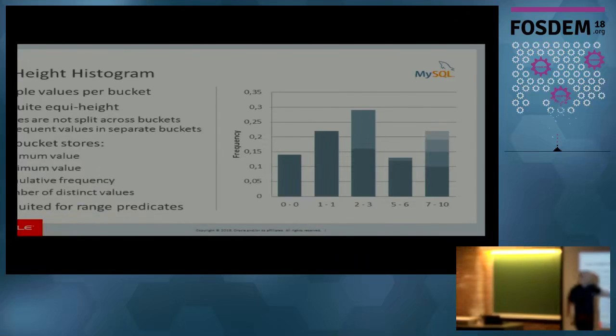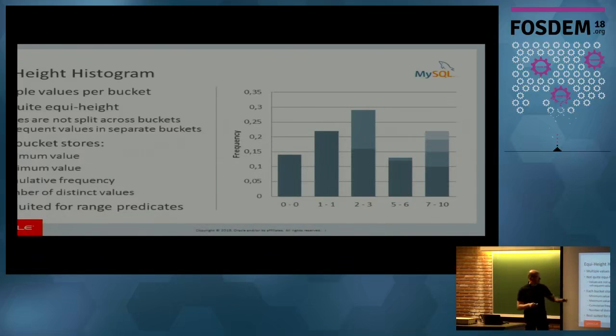This is the same data as on the previous slide, but now we have only 5 buckets, so we potentially get more than one value per bucket. A nice feature of this approach is that a high frequency value gets a separate bucket. The most frequent value here is 1, and it gets its own bucket. So if you have something like equals 1 or not equals 1, you get pretty good estimates.